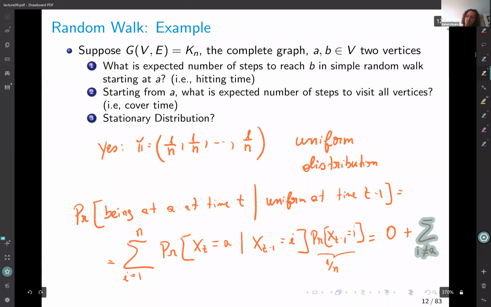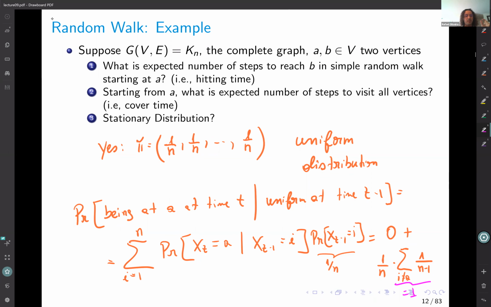This is 0 if the vertices are the same. And then I can complete it by saying this is the sum of 1/n, those probabilities, times the probability that if I'm at i different from A, I go to A, which is exactly 1/(n-1) for each of them, because we're in the complete graph. But then this sum is exactly equal to 1. So I get 1/n. Does that make sense?